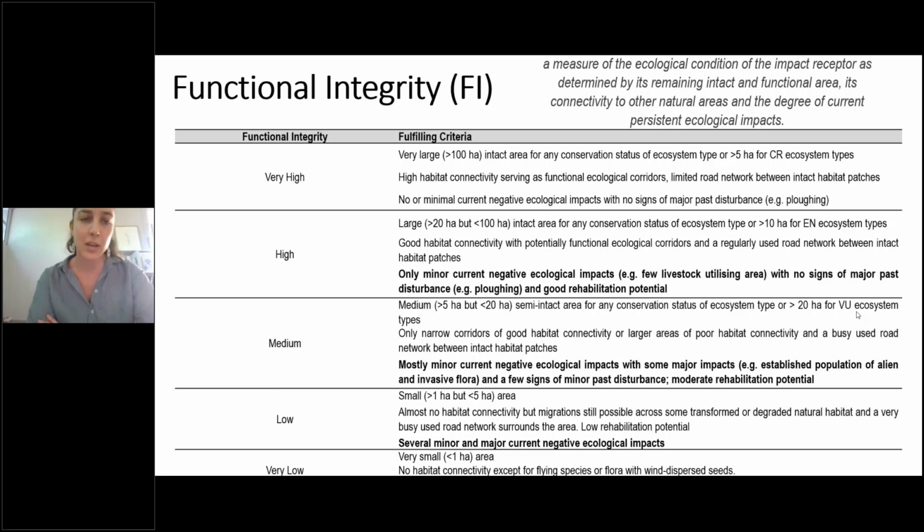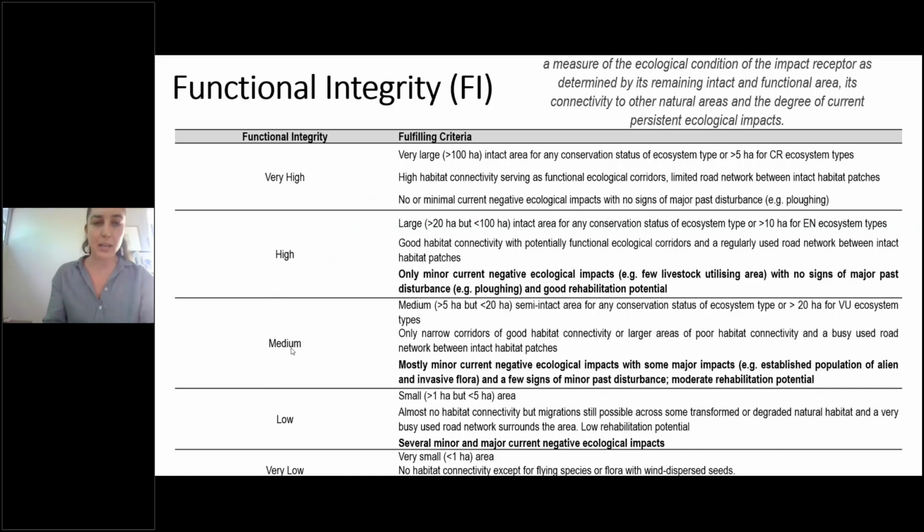So the larger the area, the more functional it's going to be. The more invasive species are on the site, or the more degraded it is, the less functional integrity is going to be in place. So again, very, very clear criteria are provided so that the specialist can motivate why they're putting it in the particular category of functional integrity.